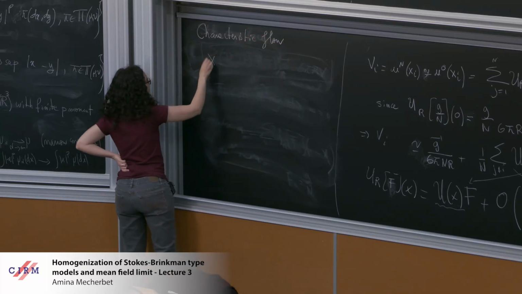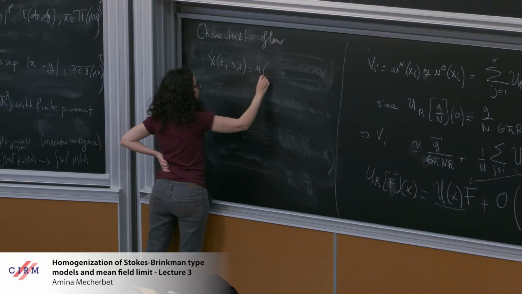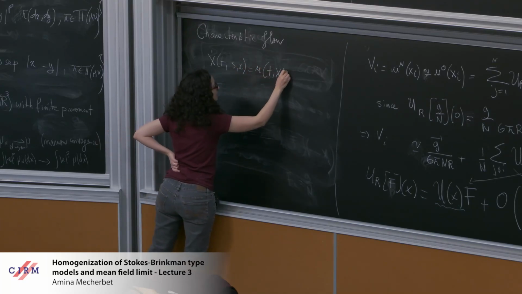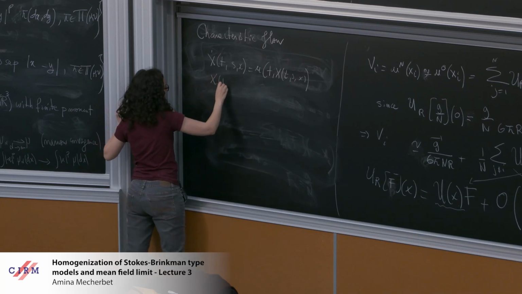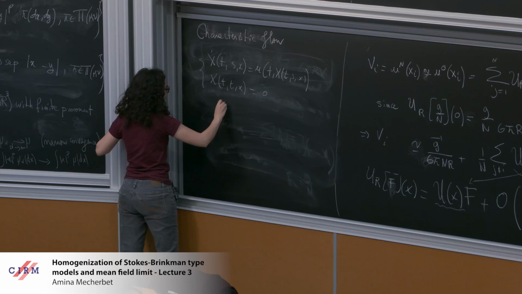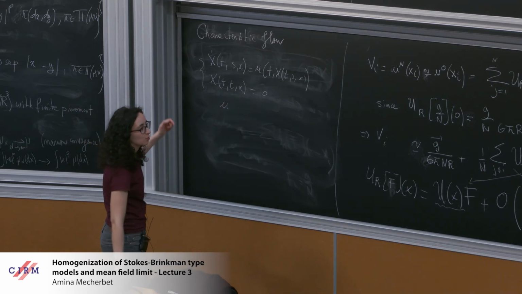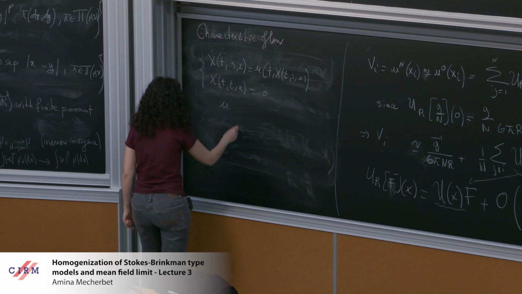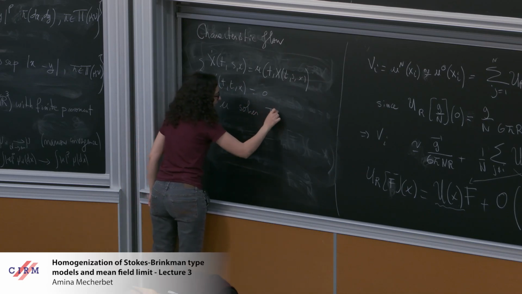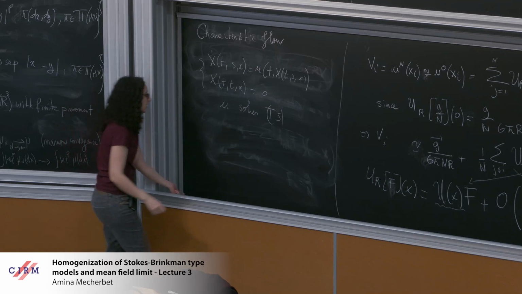So let me call it X dot t x u, the characteristic flow associated to the transport Stokes system. So u solves transport Stokes.